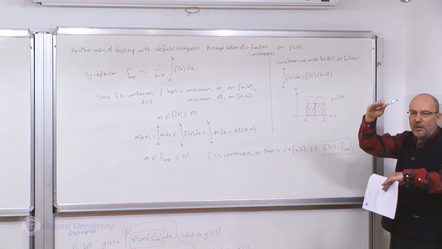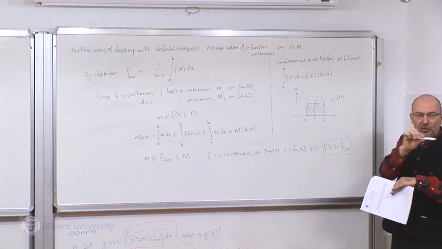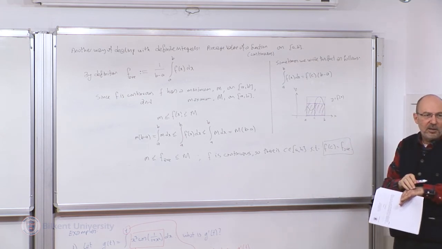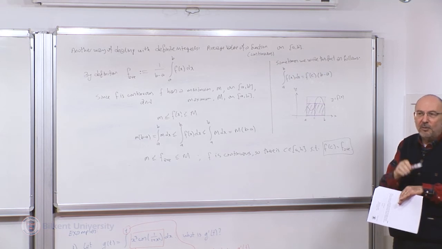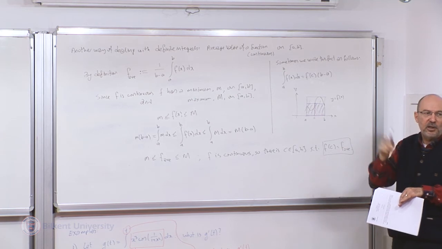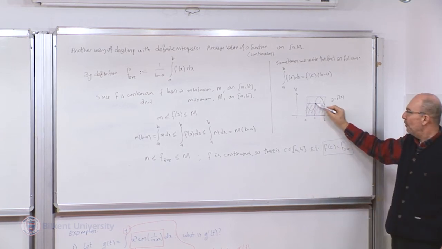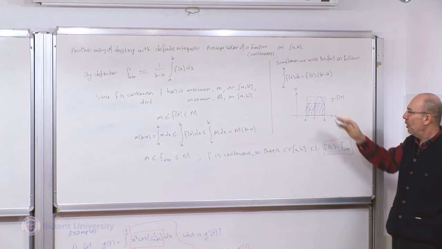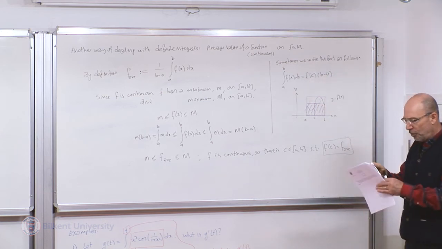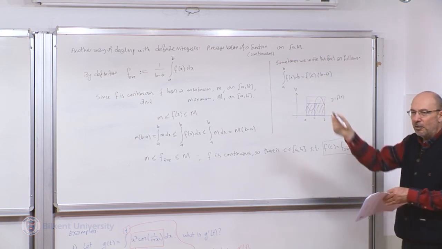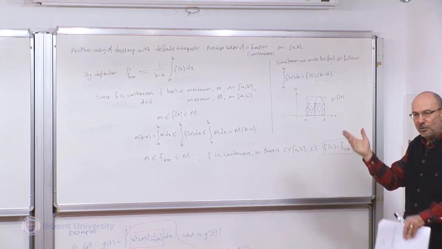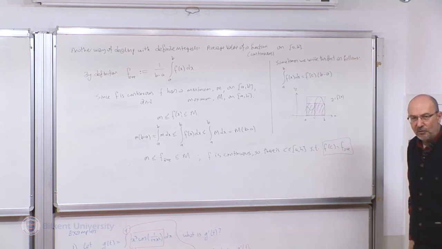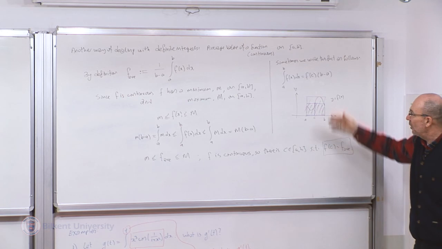If the curve jumps at that point, then the top of your rectangle may pass there without seeing your curve. But if f is continuous, the intermediate value theorem says f takes every value in between, so f will take this value. So this is called the mean value theorem for integrals, or average of a function. The concepts are developed from different points of view, but they give you the same thing.